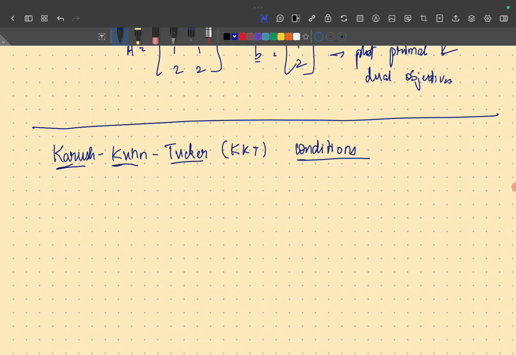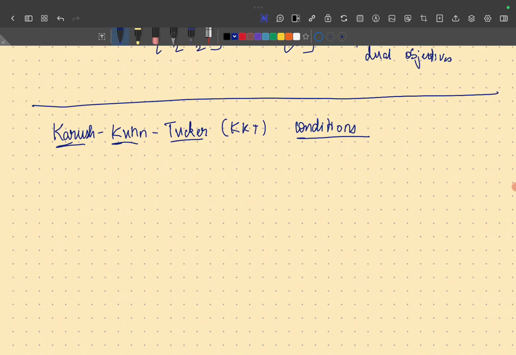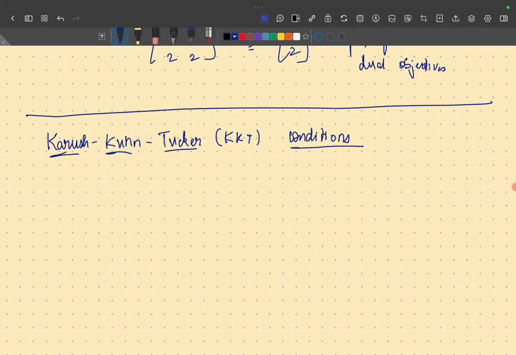But in many cases, it turns out just by solving for this system of equations, you can get a closed form expression for the solution. And indeed, we'll see some examples where we can find closed form expressions. All right, so all of this is under the assumption that strong duality holds.